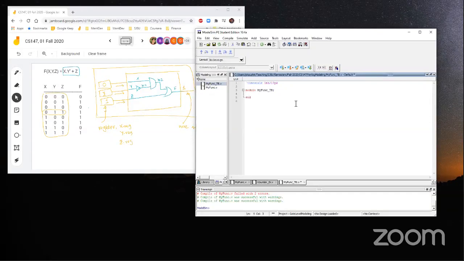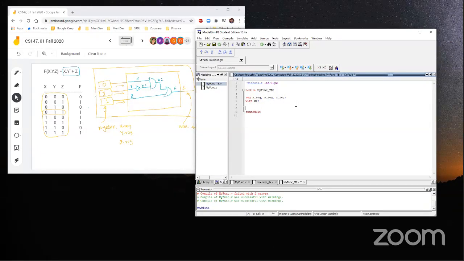It is self-sufficient module. And here we are defining some register named X reg, Y reg, Z reg, and a wire name, let's say, WF.